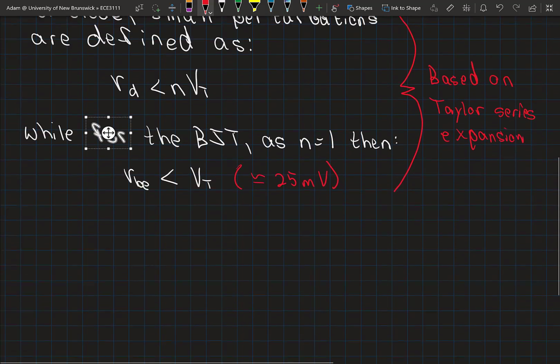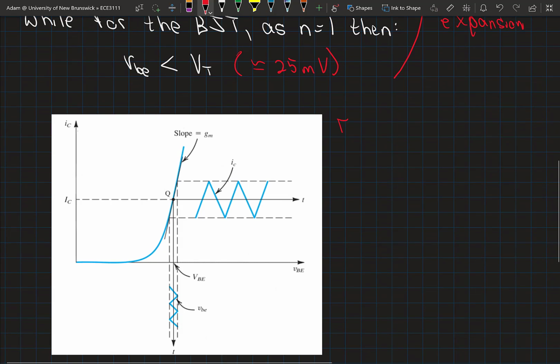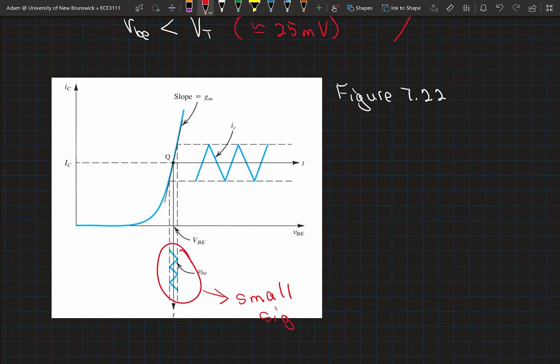Okay, and just to draw a figure from the textbook, this is figure 7.22 from Sedra Smith, that shows this small signal component applied as VBE, causing small fluctuations around our operating point Q. Okay, and this operating point or bias point is set or determined by our large signal, or our bias network, that we've been analyzing so far.